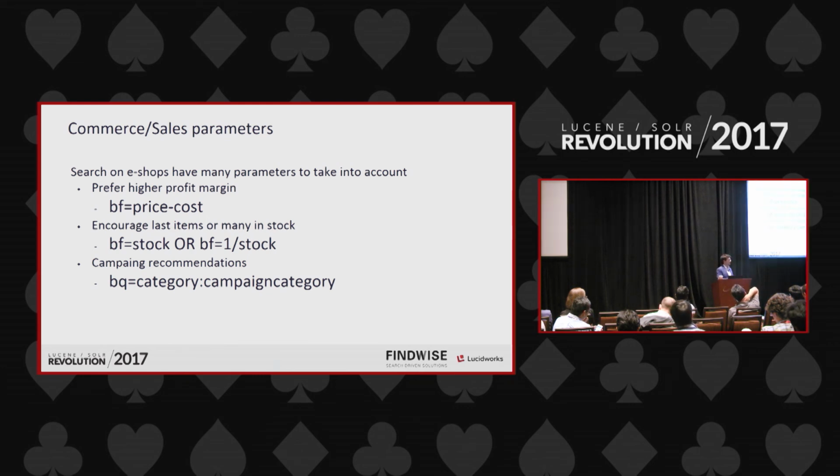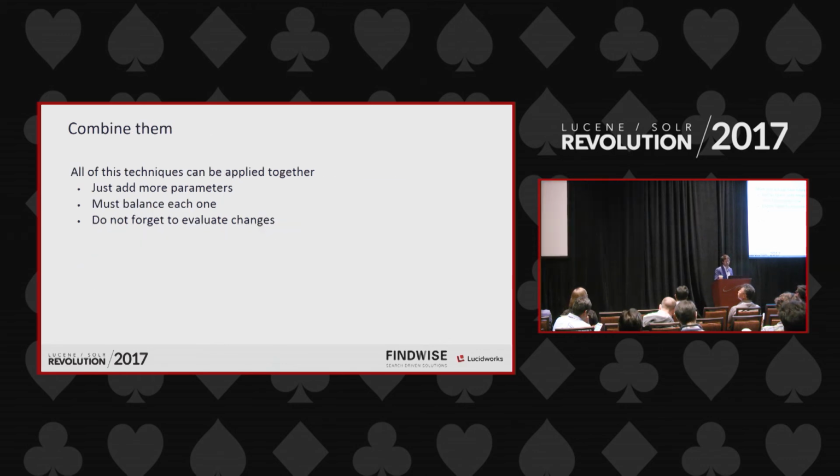And that's just a matter of getting how many items we have and either inverting it or not. And we can also have campaign recommendations, so we can decide, okay, now we want to prioritize this kind of category. So we push it out in the search results, not only on our landing page.